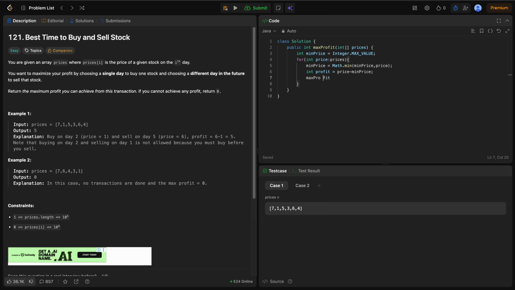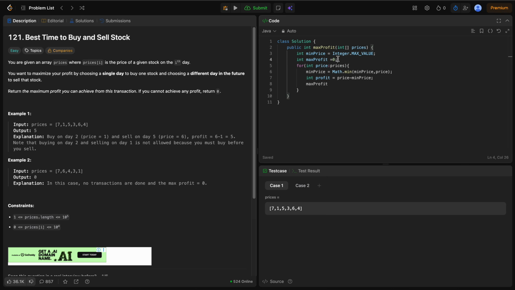Okay, this max profit I didn't initialize, right? So int max profit here, which is equal to 0. Why do I initialize with 0? Because here they mentioned, if you can't achieve any profit, return 0.